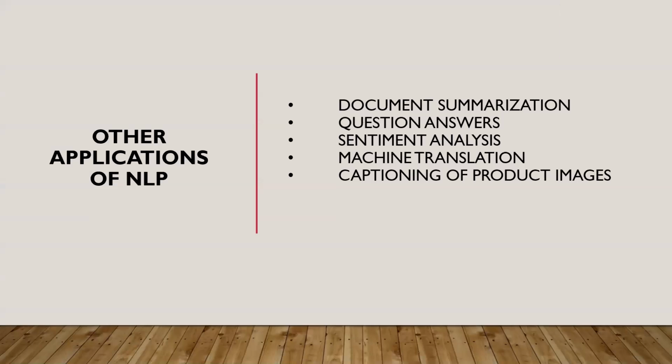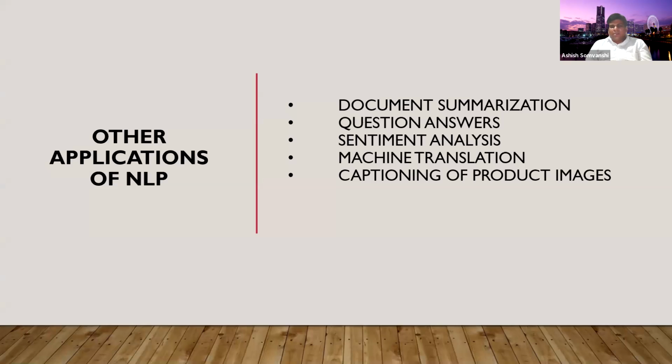This is a different aspect in terms of deep learning. Then there is machine translation, where what we were talking about, like word embedding, word to vector, to get vectorized data. Then there is captioning of product images on e-commerce sites like Amazon.